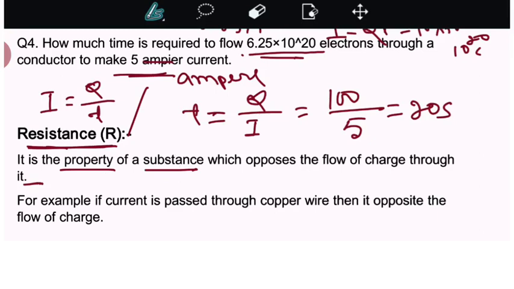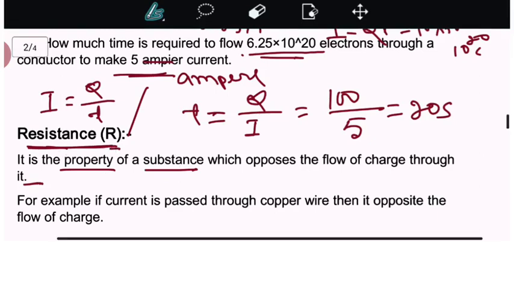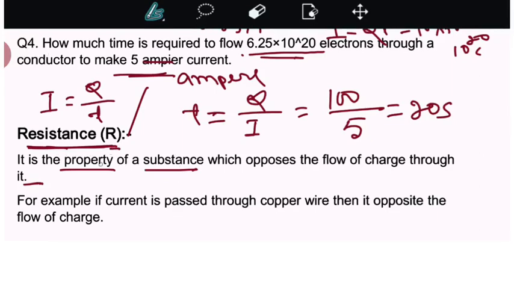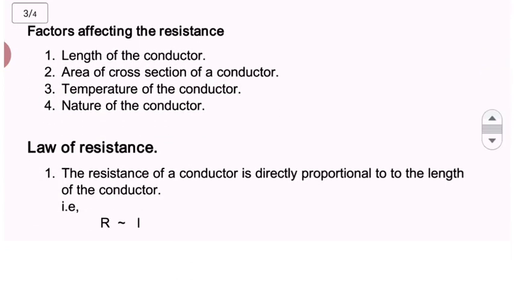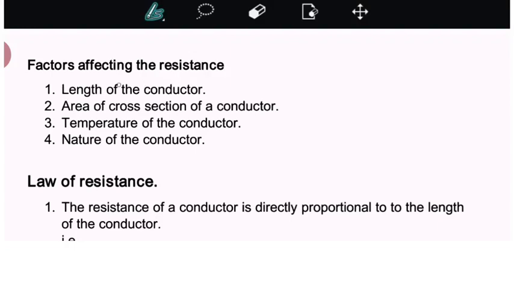Aluminum opposes the flow of charge. This property is called resistance. Resistance of different substances is different.